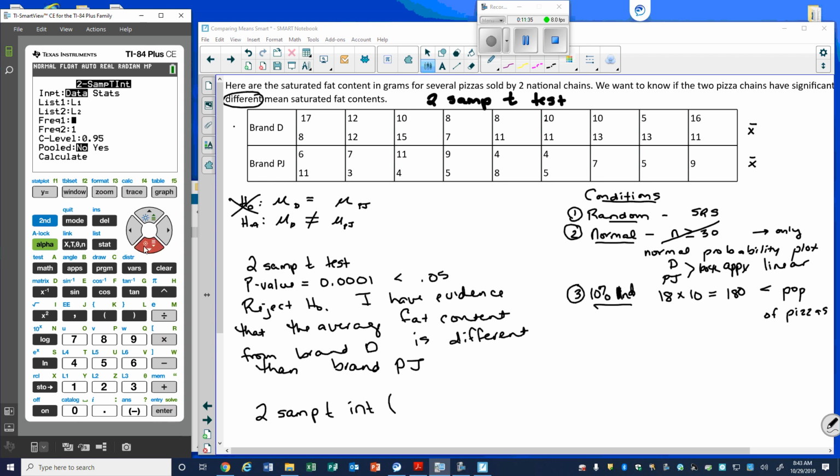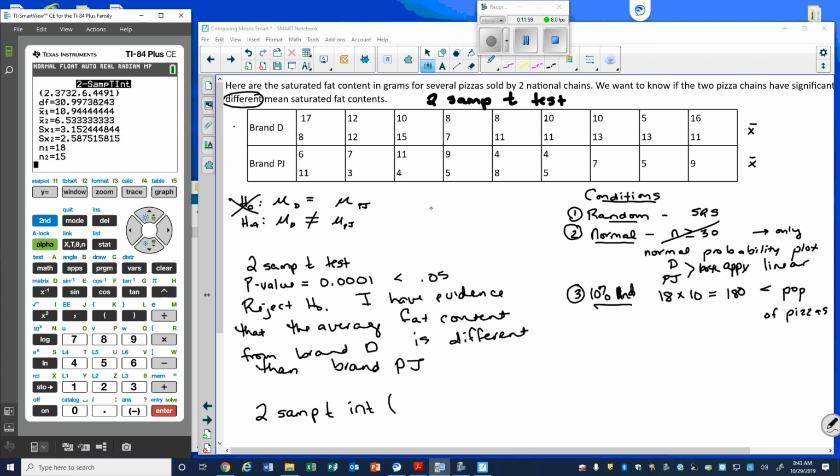So we did data in L1 and L2. Frequencies are still 1. Make sure your confidence level matches the alpha level that you used in your test. So 95% confidence level lines up with a 0.05 alpha level because together they are 100%. We are not pooling, and we're going to calculate this confidence interval.